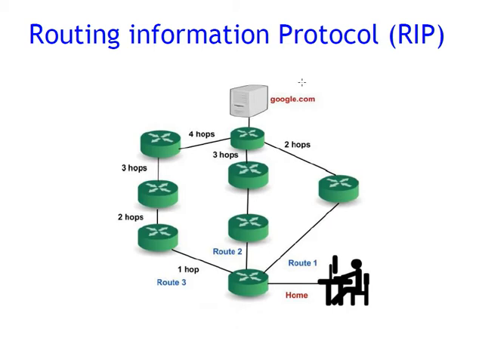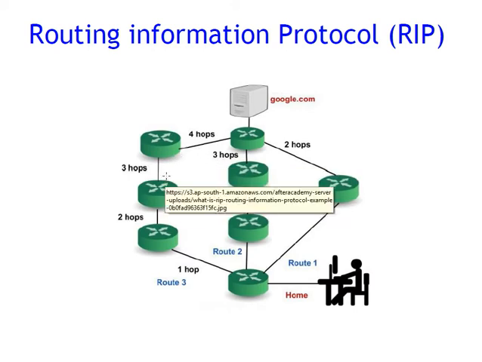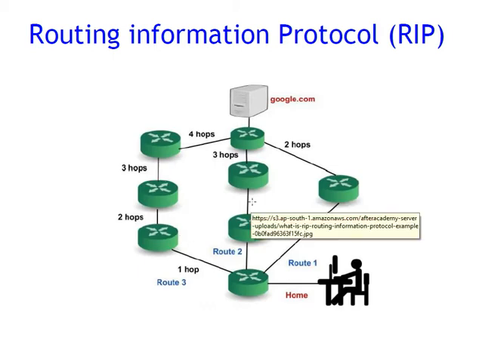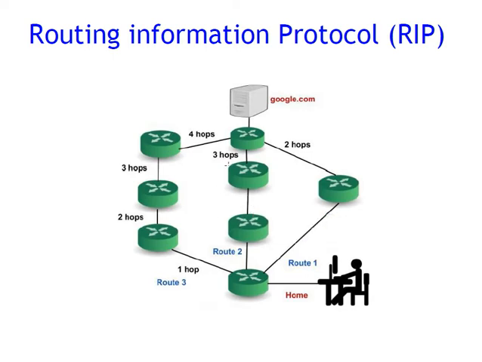RIP, as the name indicates, is based on the hop count for finding the best possible path from the source to destination. And in this distance vector routing protocol, the routers interchange network information depending upon accessibility, applying the algorithm based on Bellman-Ford's algorithm.